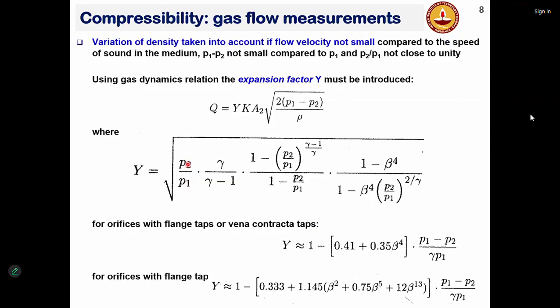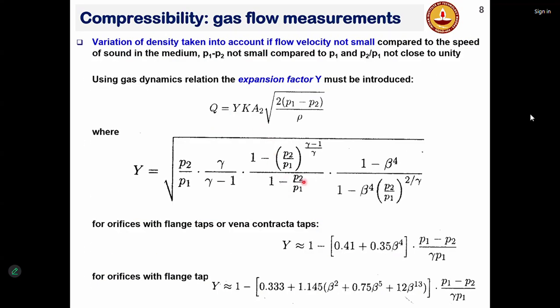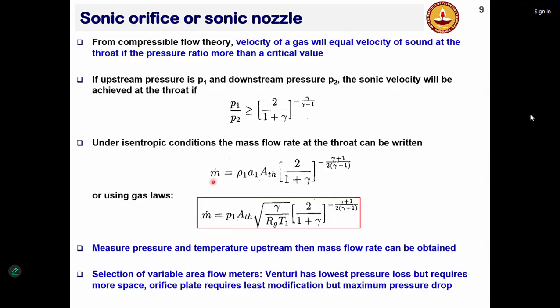And then if you do the math, you can show that the mass flow rate can be written as the density on the upstream side, the velocity of sound on the upstream side, throat area into 2 by 1 plus gamma to the power minus gamma plus 1 divided by 2 into gamma minus 1.